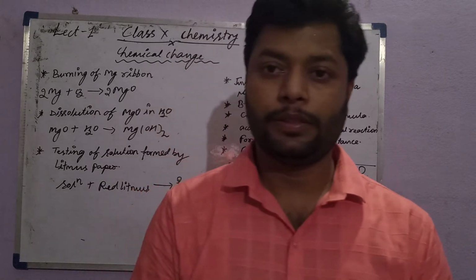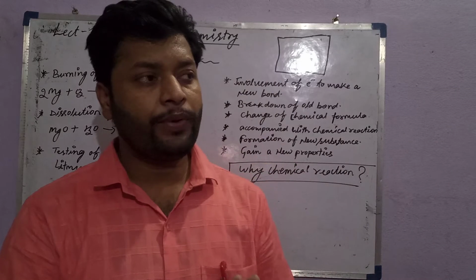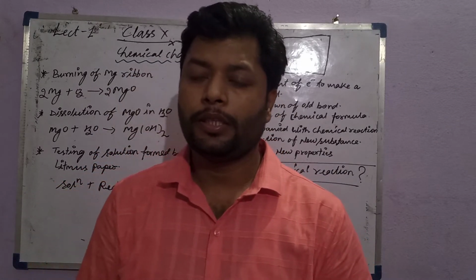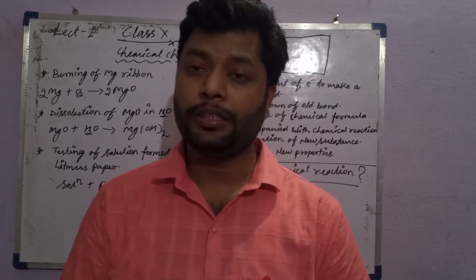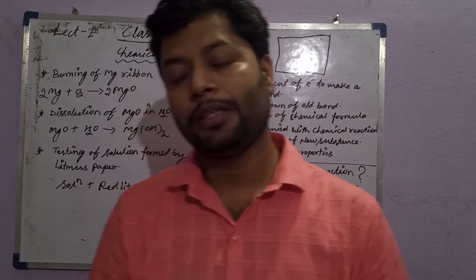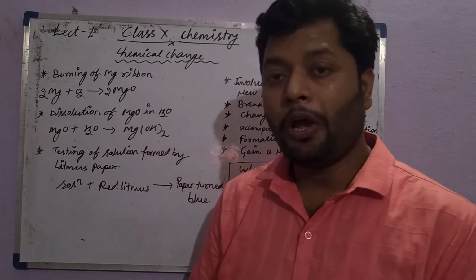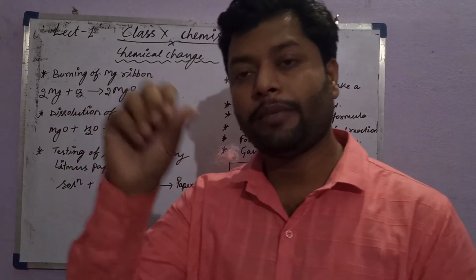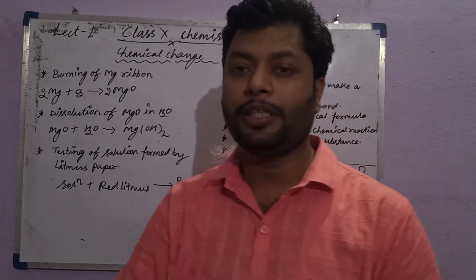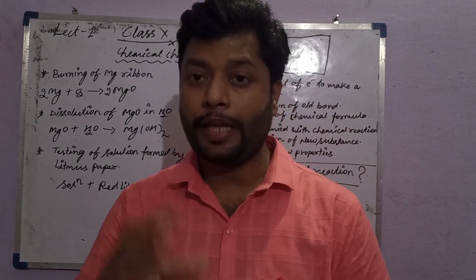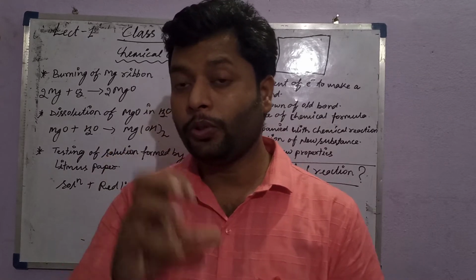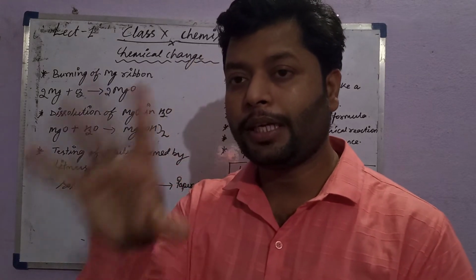Around us, there are different types of changes. Regularly, you can see some of the changes are physical, some are chemical. But how do we actually get to know whether a reaction is a physical change or a chemical change? First, how do we come to know that things are a chemical change?